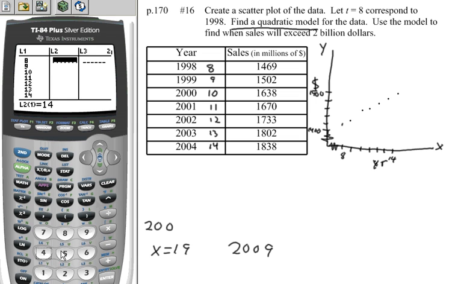So we'll start with 1,469, and we'll get the rest of the data in here as well. Now once we have all this data entered, we're going to use our calculator to find the quadratic regression model, which means the best fit quadratic equation, y equals ax squared plus bx plus c.